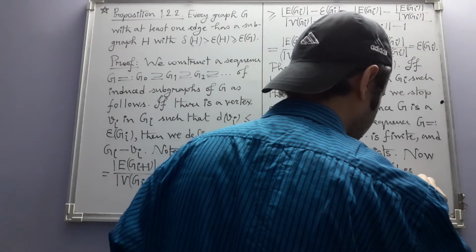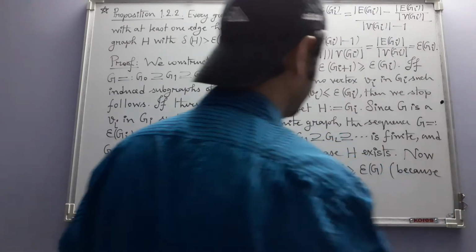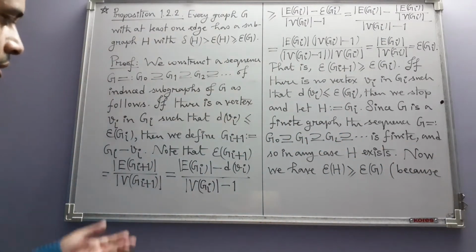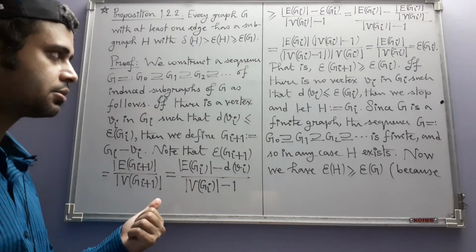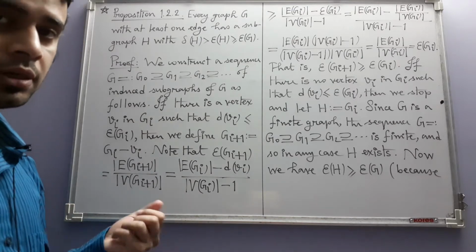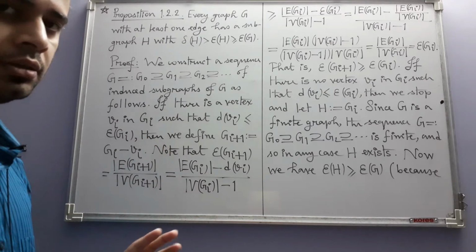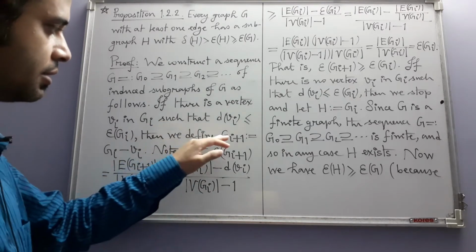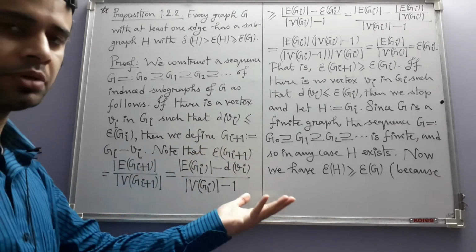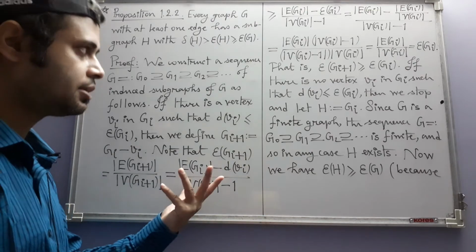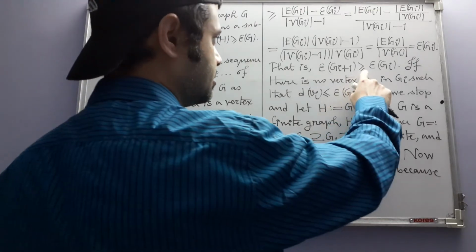Because we have just now shown that the operation of removing a vertex does not decrease the average degree. It either keeps the average degree of the resulting graph the same as the previous one, or it increases the average degree. That is this thing.